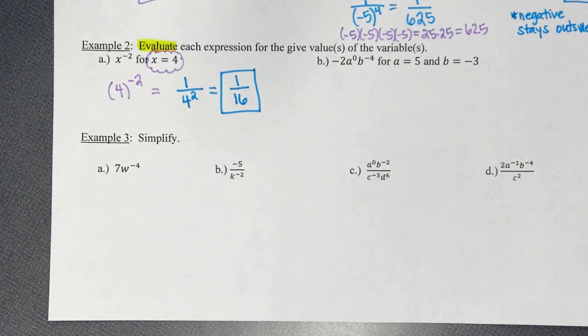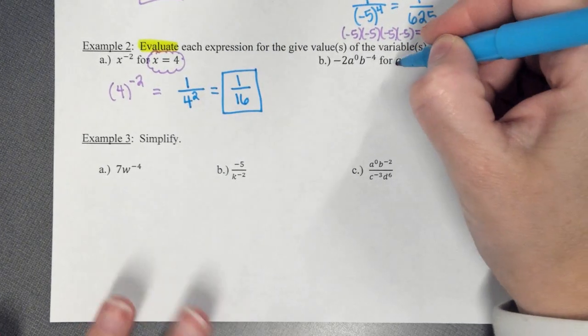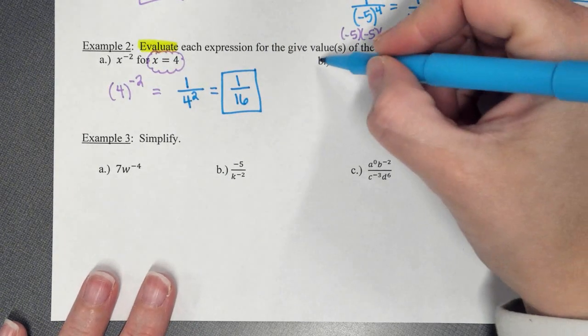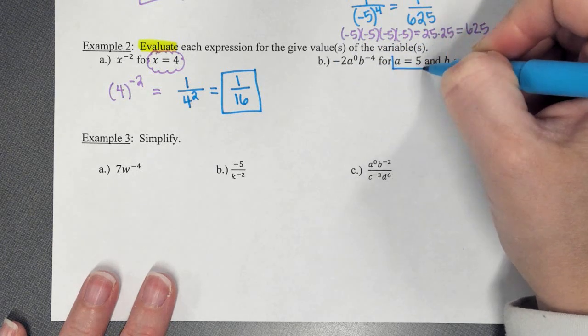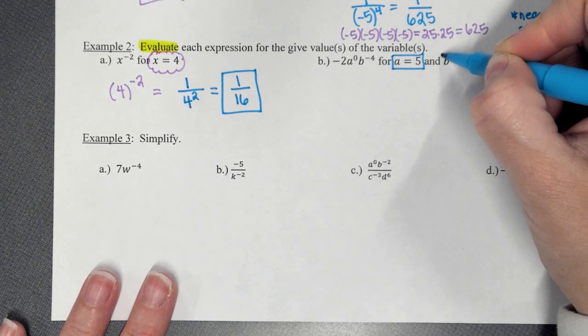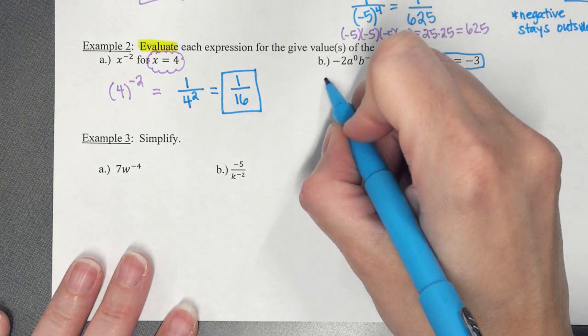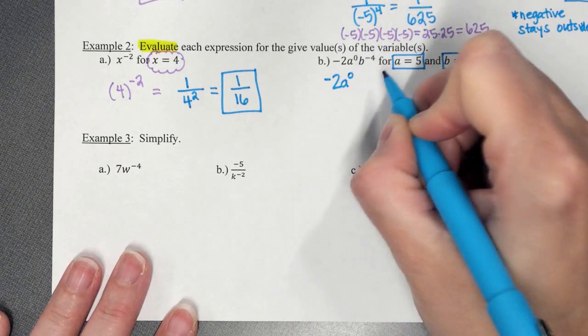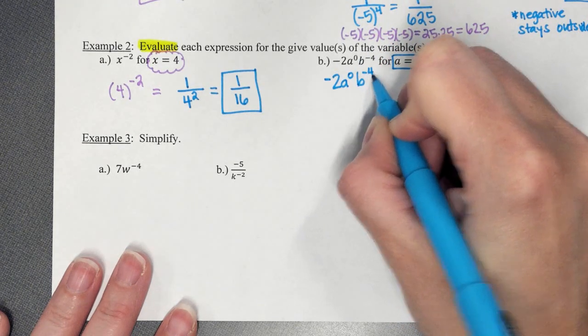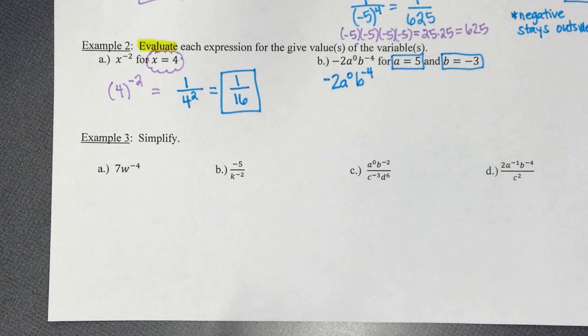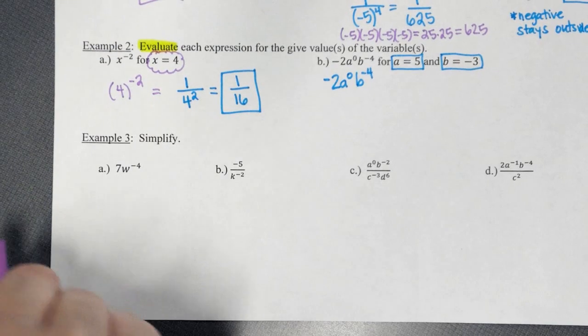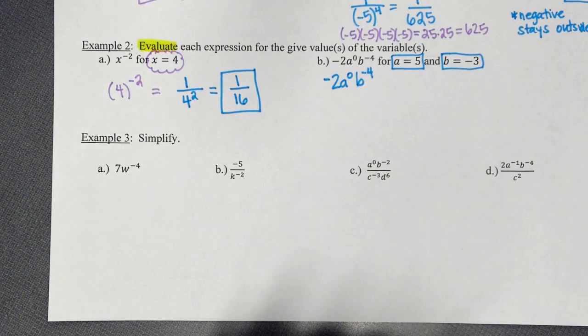Okay, now B looks a little trickier. So there's 3 different parts to this. Okay, so the first thing I'm going to do is just box in what I have. I have A equals 5. I have B equals negative 3. Okay? And then this is negative 2, A to the 0, B to the negative 4. So I just rewrote that, so I know what I'm working with.